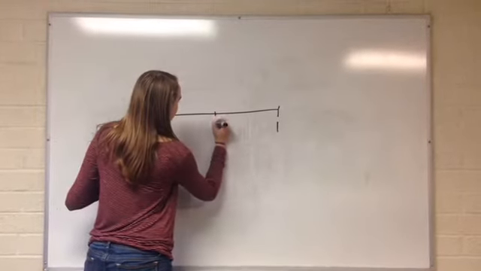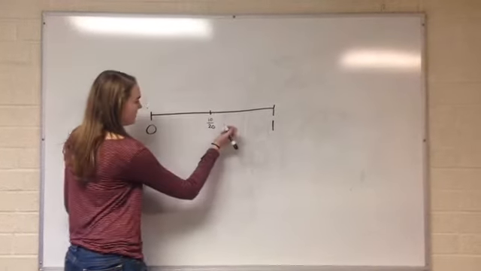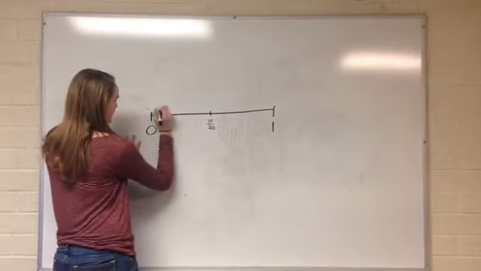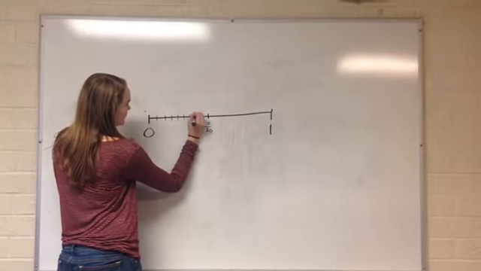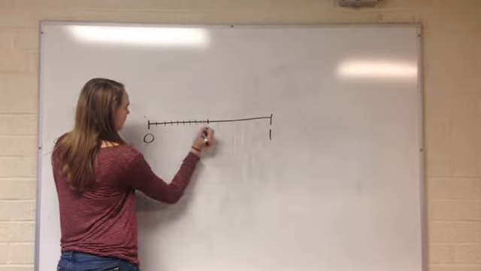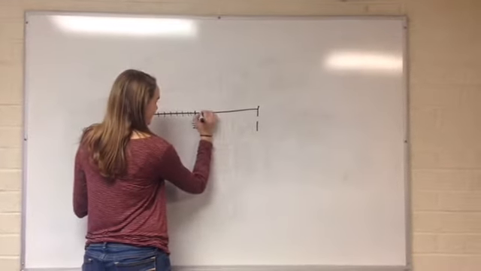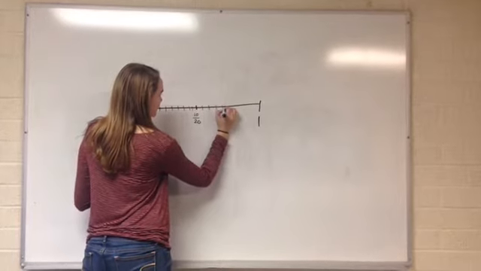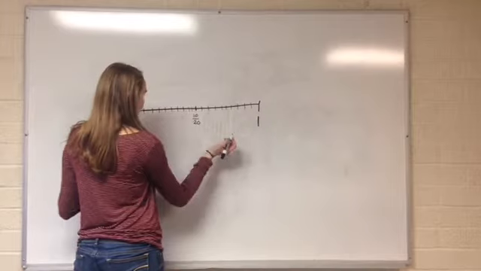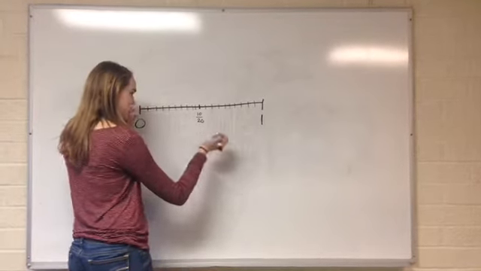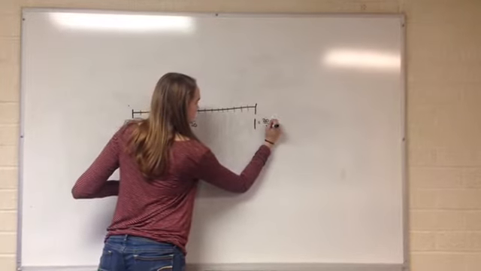So the middle would be 10 20ths, and then there would be 1, 2, 3, 4, 5, 6, 7, 8, 9. And 10, 11, 12, 13, 14, 15, 16, 17, 18, 19. So all of these are out of 20ths. So 1 equals 20 20ths.